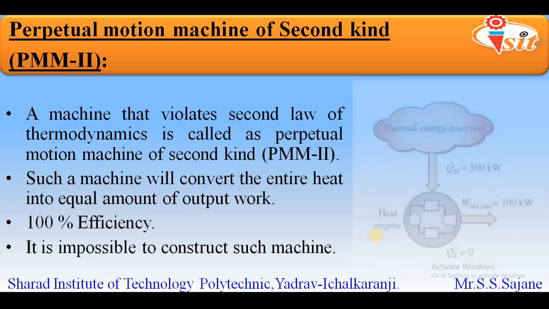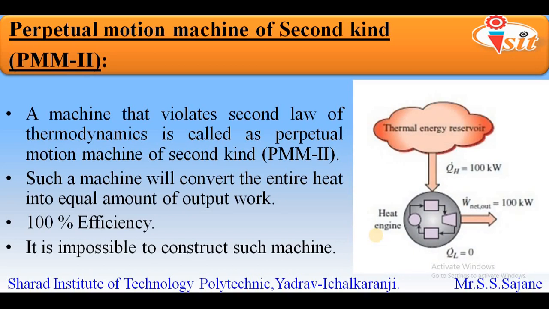For this we have considered the example of a car or a bike engine. In an engine, we are providing chemical energy of fuel. This chemical energy of fuel is first converted into heat energy, and later on this heat energy is converted into mechanical work. However, whatever fuel we are providing to that engine is never converted totally into output work, because some part of this input heat energy, or some part of this chemical fuel energy supplied to the engine, is partially rejected in the form of heat into the atmosphere through the silencer.